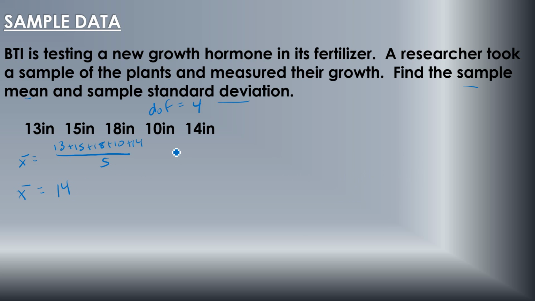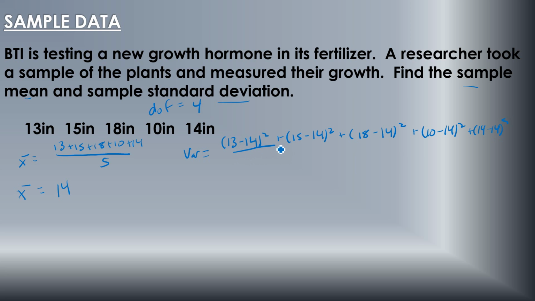Okay, now this is where it's going to get a little bit different. Let's calculate our variance. So our variance is going to equal (13 minus 14) squared plus (15 minus 14) squared plus (18 minus 14) squared plus (10 minus 14) squared plus (14 minus 14) squared.